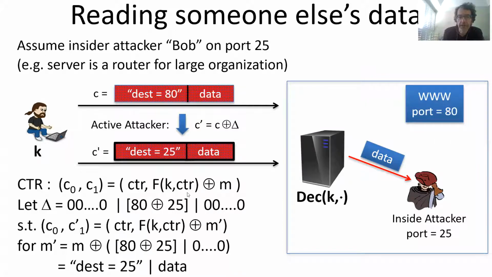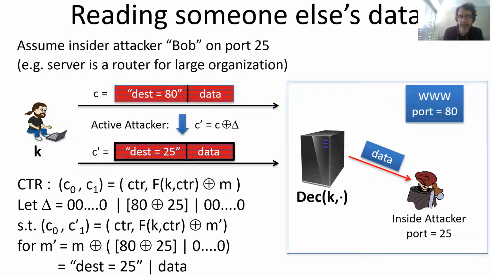The F_K of counter XOR M got XORed with this. But whatever this is, therefore is incorporated basically into this message, right? Because you're XORing three strings: F_K of counter, M, and this part of the delta.